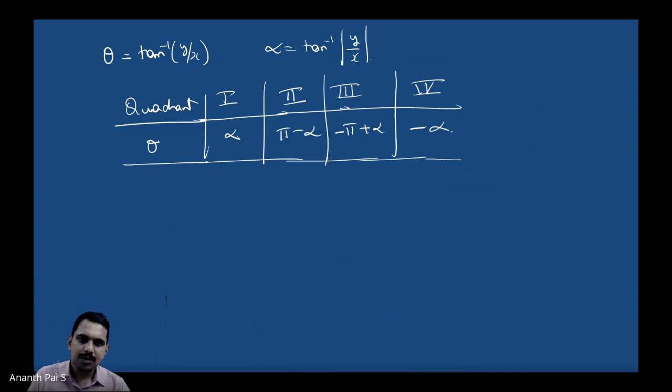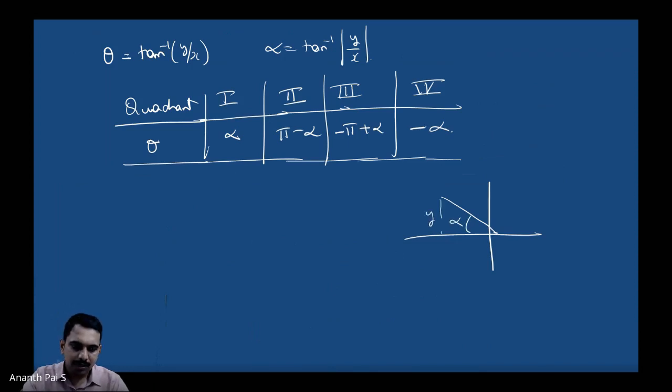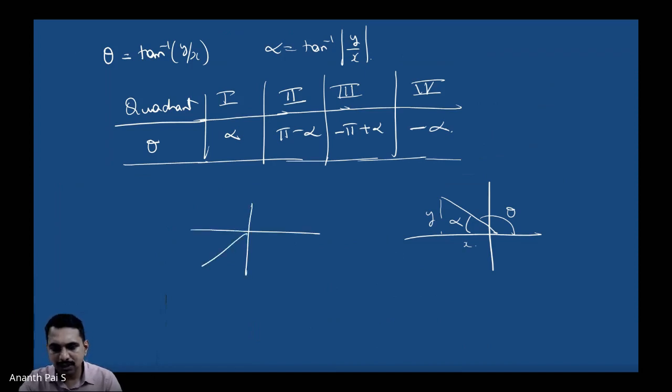That means if it is say y, minus x, if it is here like this, this is alpha, correct? Alpha is tan inverse of y by x, but theta is pi minus alpha. If you consider the third quadrant, if it is here and this is alpha, then what happens?